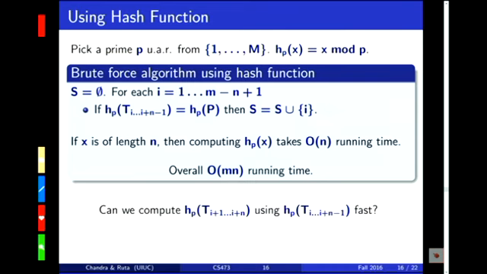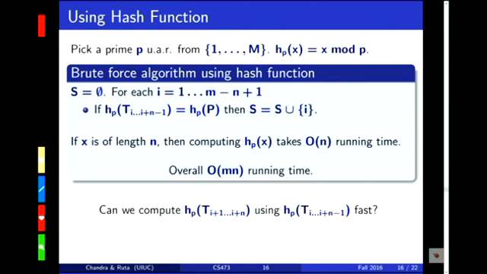So the question is, can I do better than this? How can I do better? Because I want every occurrence of the pattern, I have to go through all those indices and look at the substrings at all those indices.